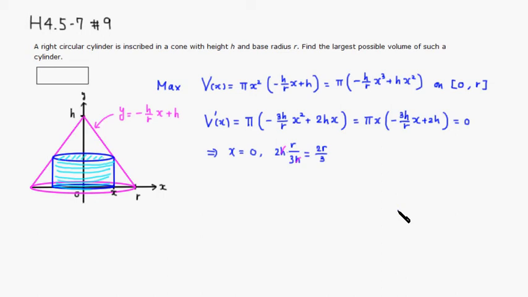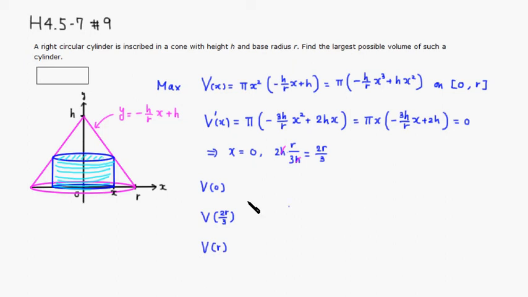Since we're trying to maximize over a closed interval, we can just check three places: v of 0, the other critical number v of 2r over 3, and the other endpoint v of r.